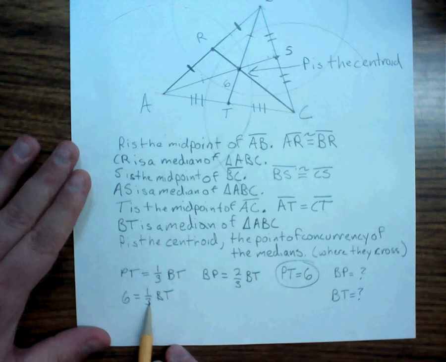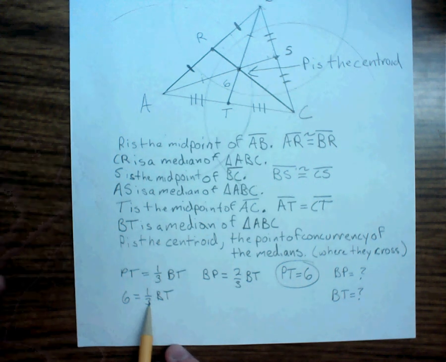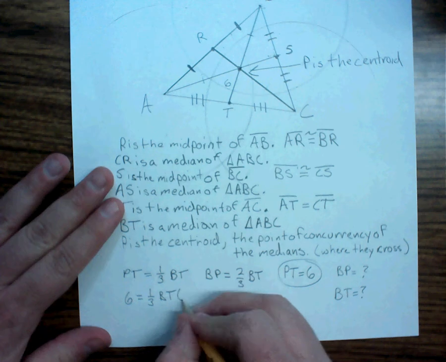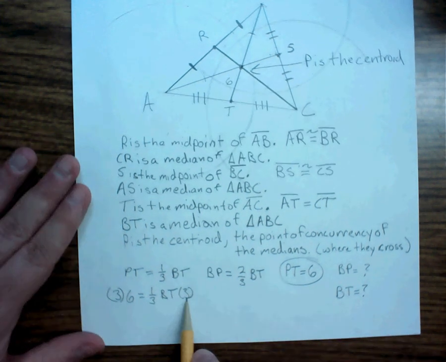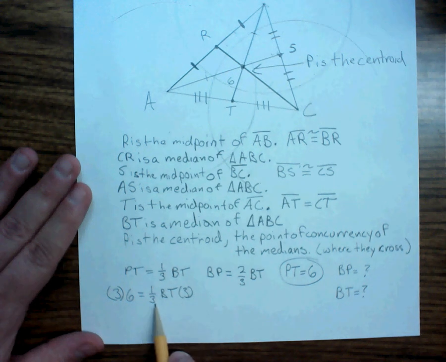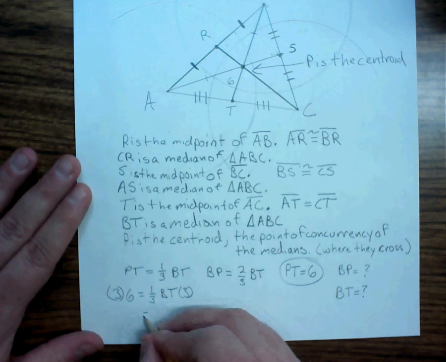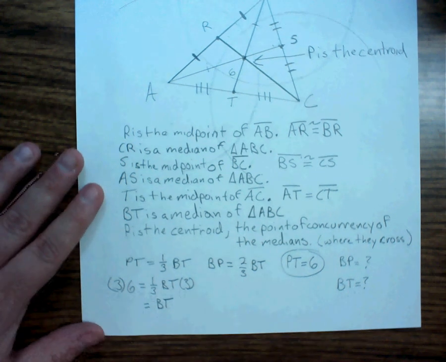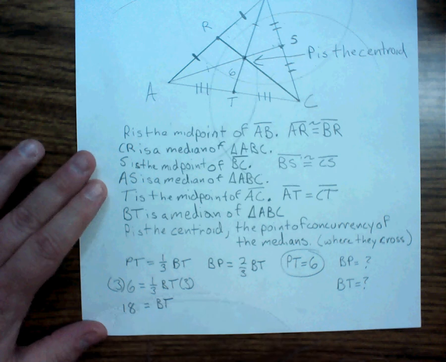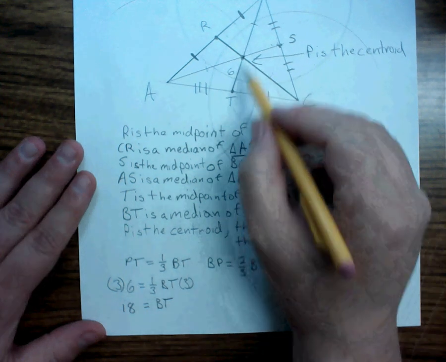How do I get rid of this 1/3? What's the opposite of dividing by 3? Multiplying. So I'm going to multiply by 3, and whatever I do on one side, I do to the other. What's 3 times 1/3? 3 divided by 3 is 1. What's 1 times BT? BT. What's 3 times 6? 18. Good.